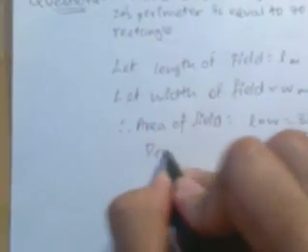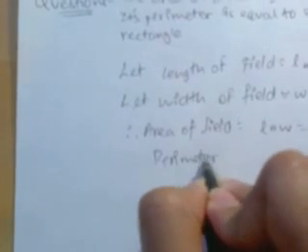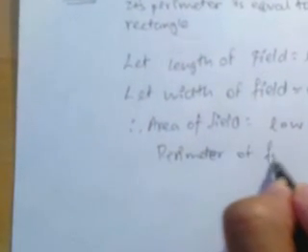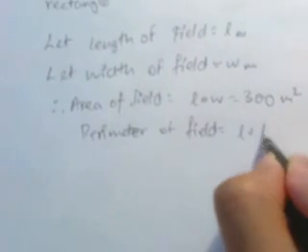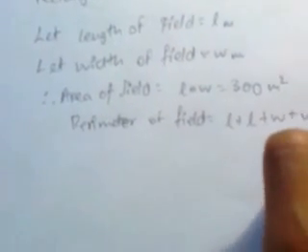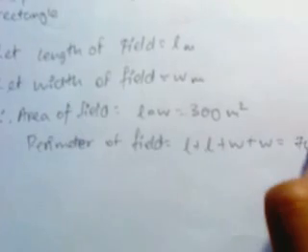Now we have to look at the perimeter. The perimeter of the field, which is L plus L plus W plus W, equals 70 meters. This is also given information.